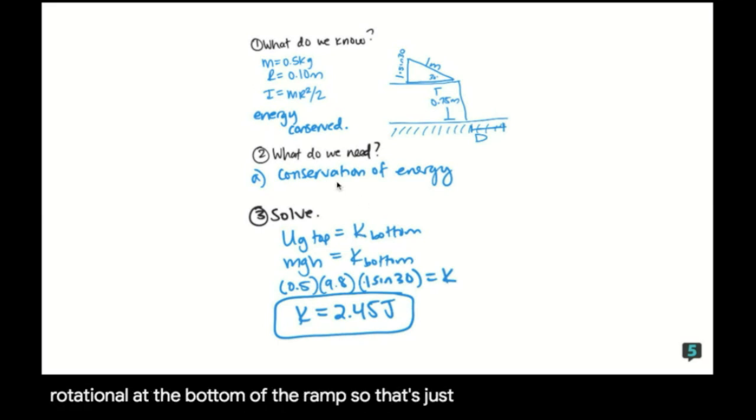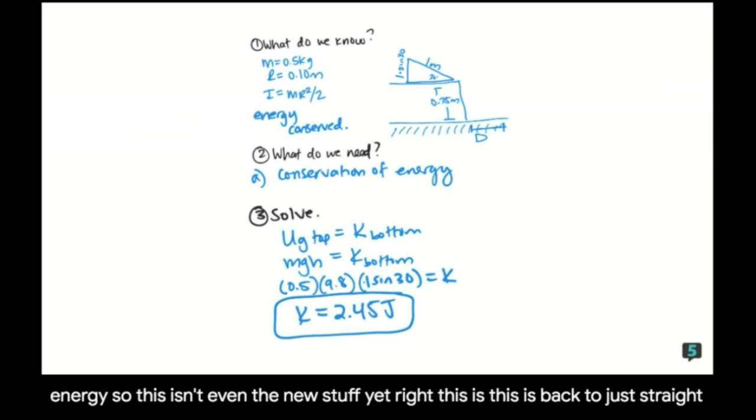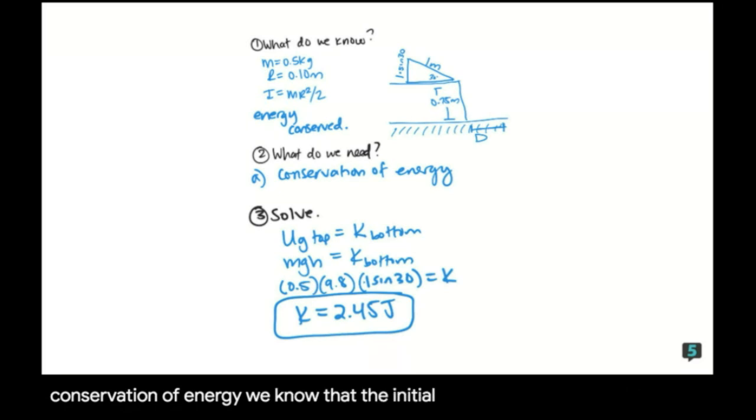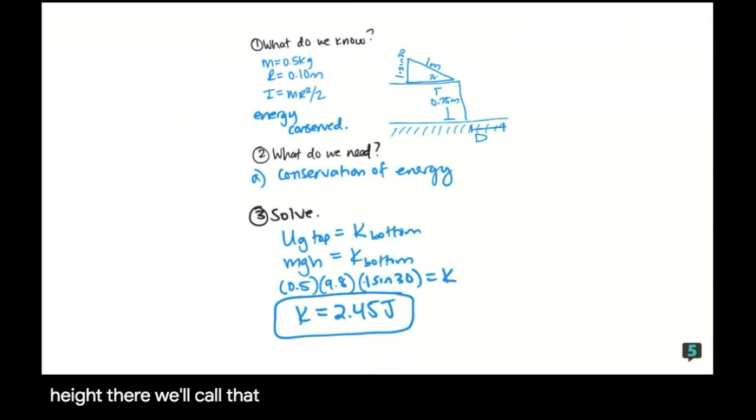So that's just straight up conservation of energy. So this isn't even the new stuff yet, right? This is back to just straight conservation of energy. We know that the initial potential energy, starting at rest, must be equal to the kinetic energy at the bottom of the ramp. Assuming our height there, we'll call that 0, to figure it out, right?